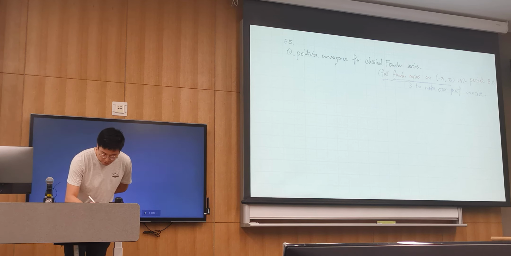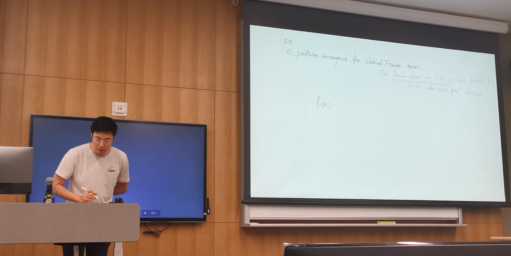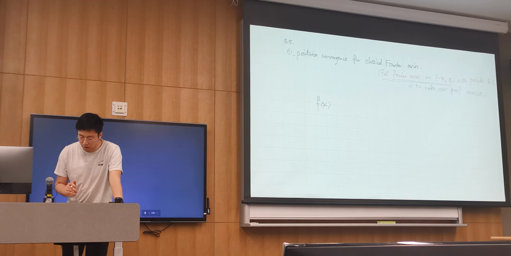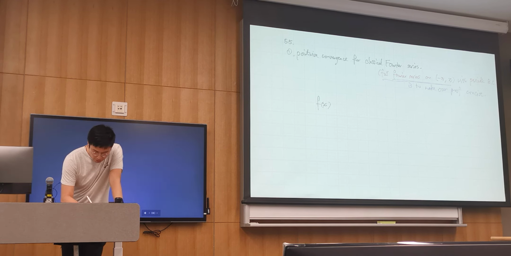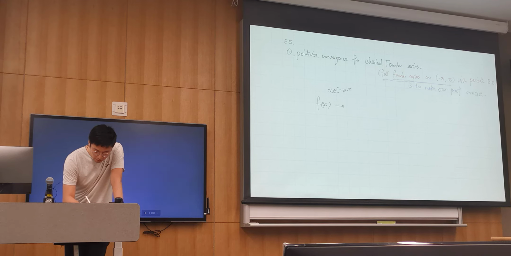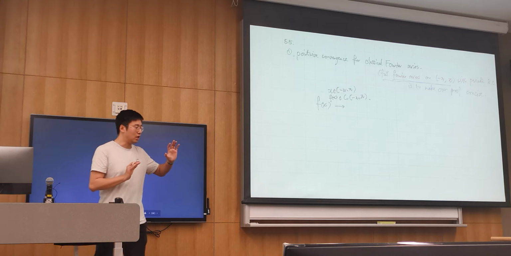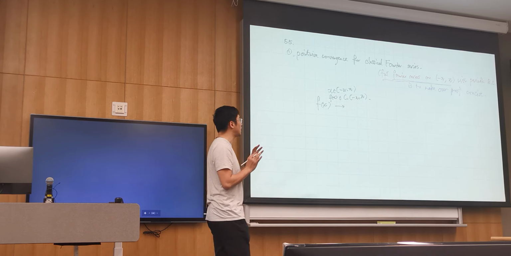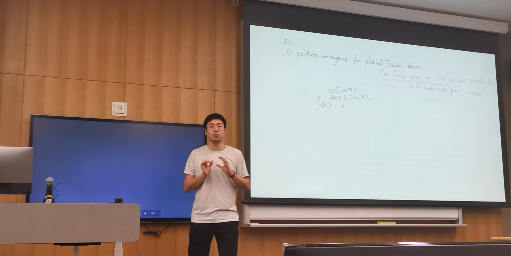We first compute the Fourier series, starting from a periodic function f(x), where x is between negative pi and pi, and f(x) is a C1 function on negative pi to pi, which means f is continuous by itself, and f has a continuous first-order derivative.